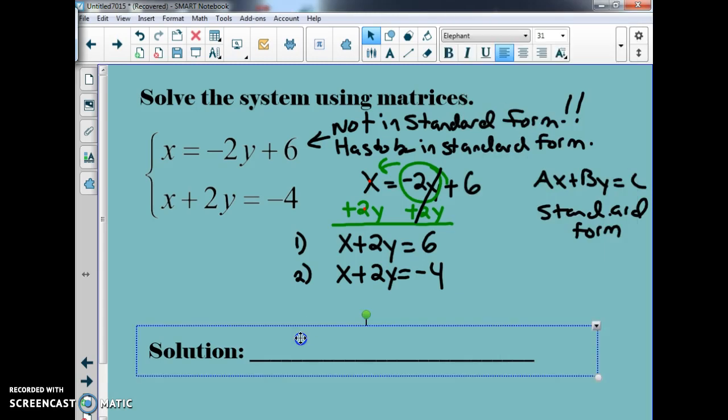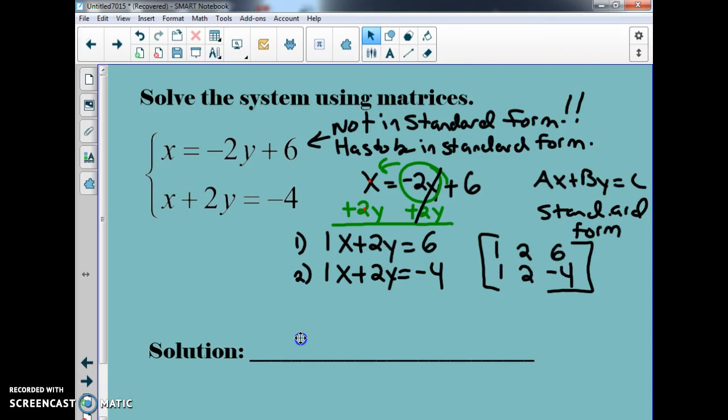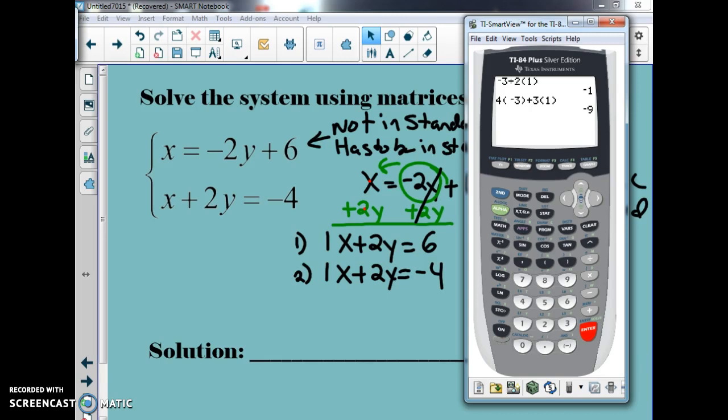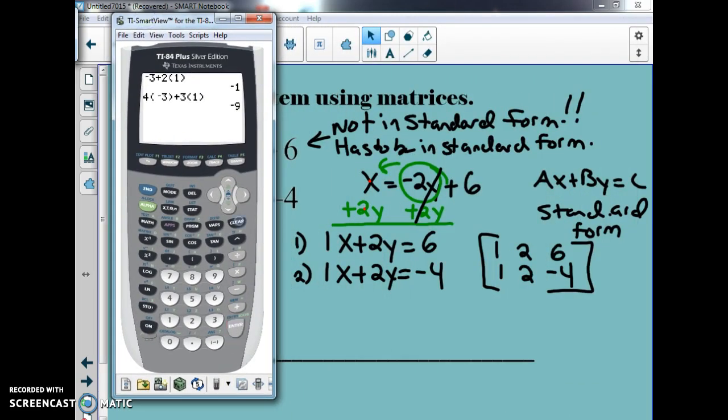By the way, what I'm going to enter into my calculator for my matrices would be 1, 2, and 6, and then 1, 2, and negative 4. Again, this is all trending towards no solution. But we'll find out just to make sure.